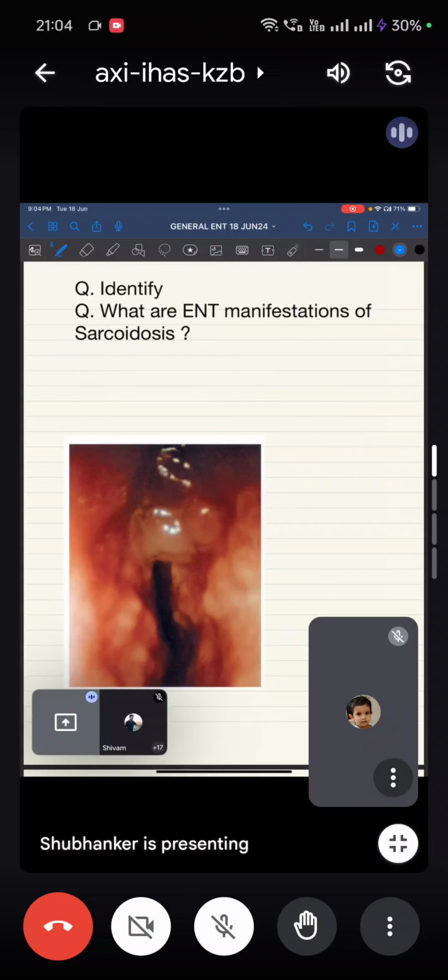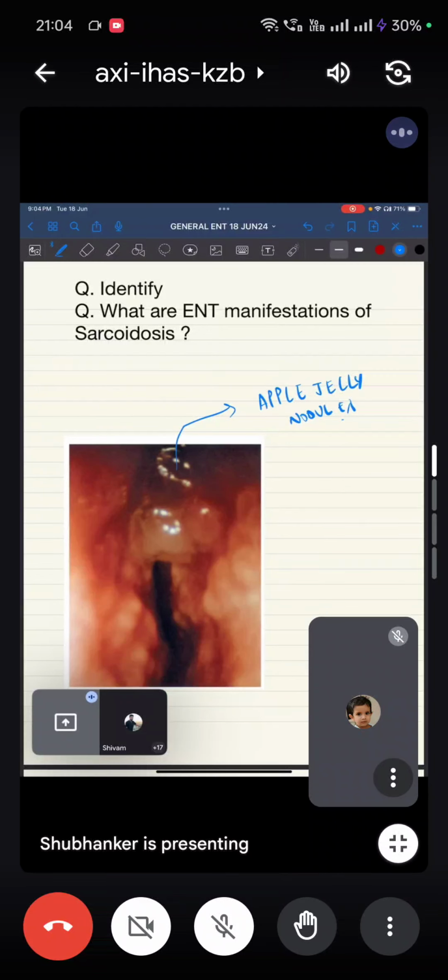And what is the classical finding which is seen in sarcoidosis? That is your apple jelly bodies.